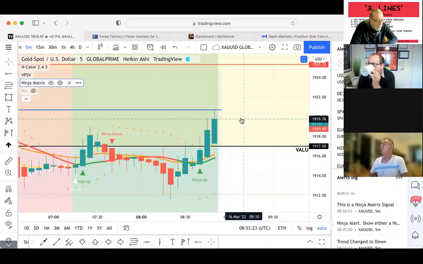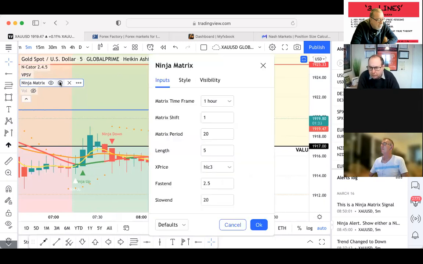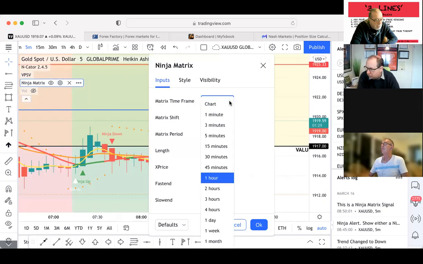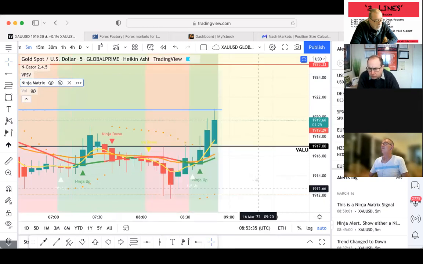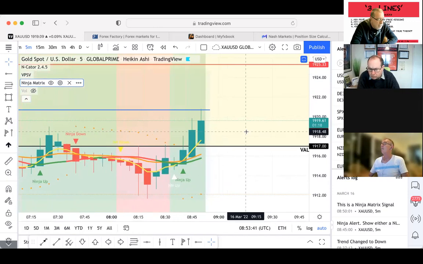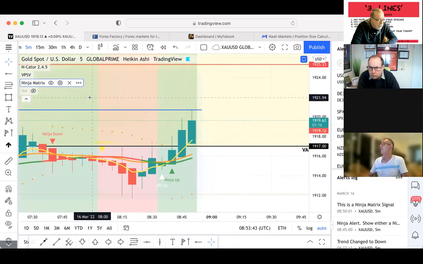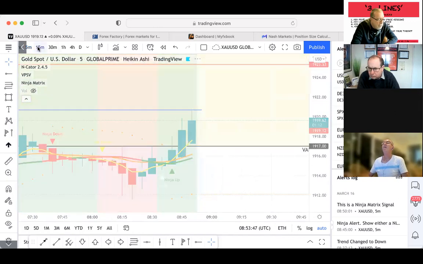There's a potential trade. But I would need to check that the Ninja Matrix is the correct setting for the 5-minute, and it needs to be on 30 minutes. So we'll just change that. It doesn't make any difference to the current situation. So if you're trading on the 5-minute chart, you're good to go for a buy. I prefer to trade on the 15-minute chart.